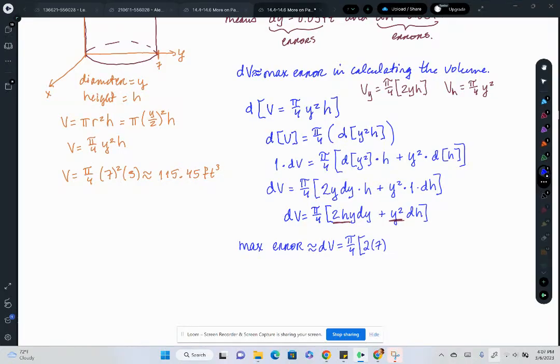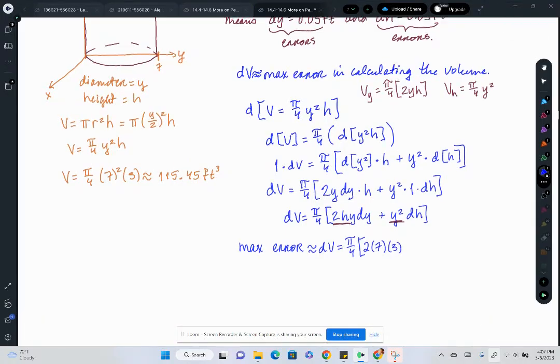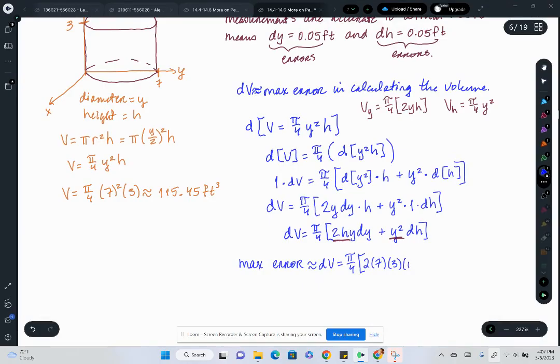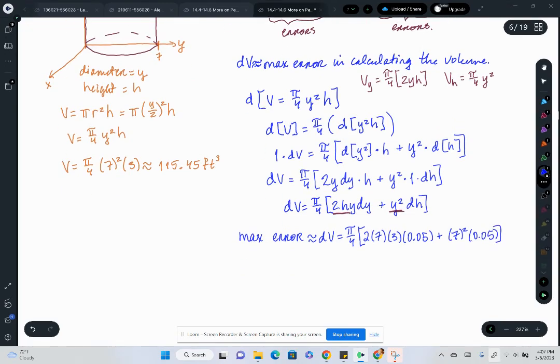And the h, that's our height, that's 3. And dy, well, we were told up above it's 0.05. Okay, plus y squared, that's my diameter squared, 7 squared. dh is 0.05. Okay, plug that into your calculator, get an answer.